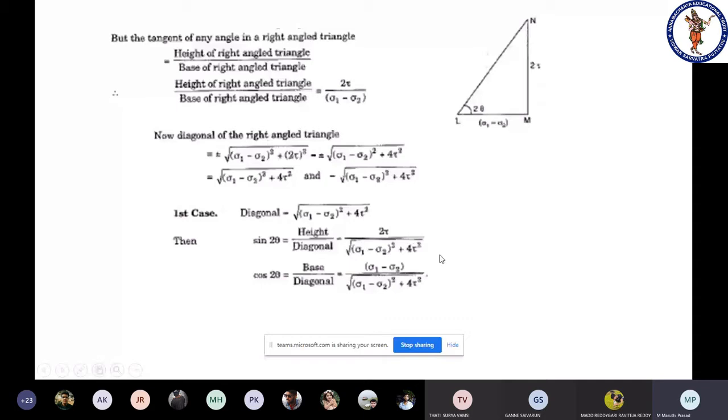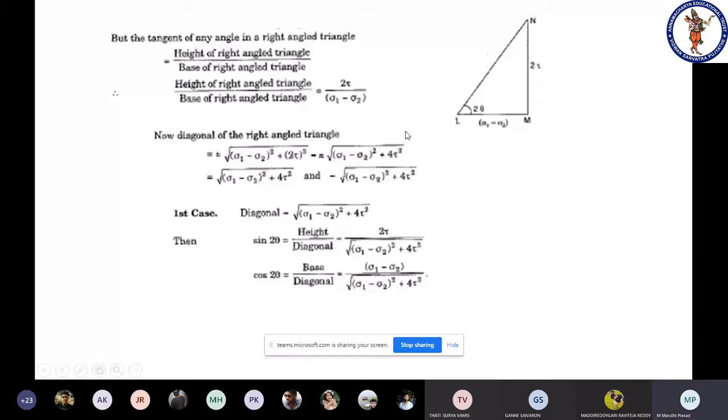Cos 2 theta equals base by hypotenuse. The base is sigma 1 minus sigma 2 and the hypotenuse is root of sigma 1 minus sigma 2 whole square plus 4 tau square.